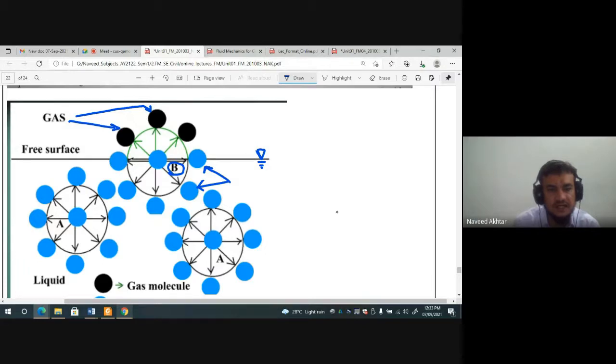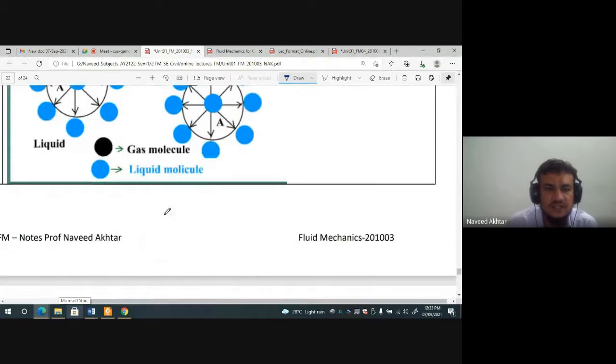There is intermolecular attraction between the liquid molecules, but here there is adhesion due to the gas and the free surface. So a small film is produced, and this is called surface tension. Around the surface there is tension due to these two unbalanced forces. So that is called surface tension.